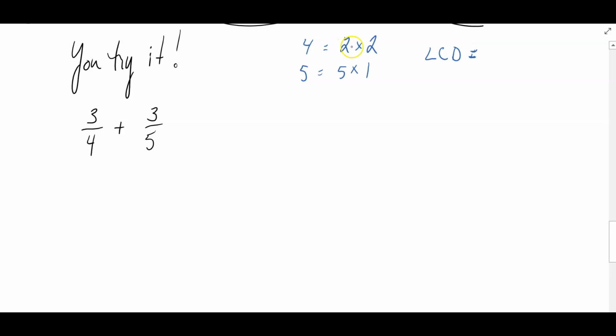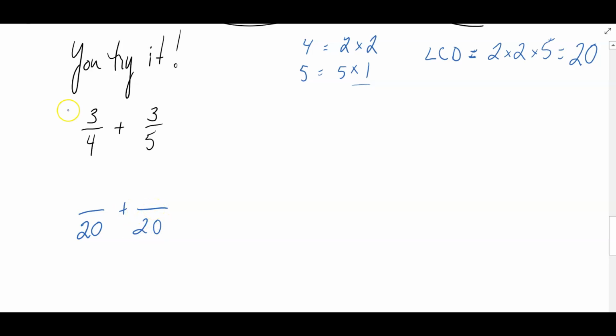So 2 appears twice here and none in the second one. So we must use 2 times 2. 5 appears once here but none above, so we need one 5. And I could say the 1, but I don't need to multiply by 1. So this product is the lowest common denominator, which is equal to 20. So I should be adding 20ths.